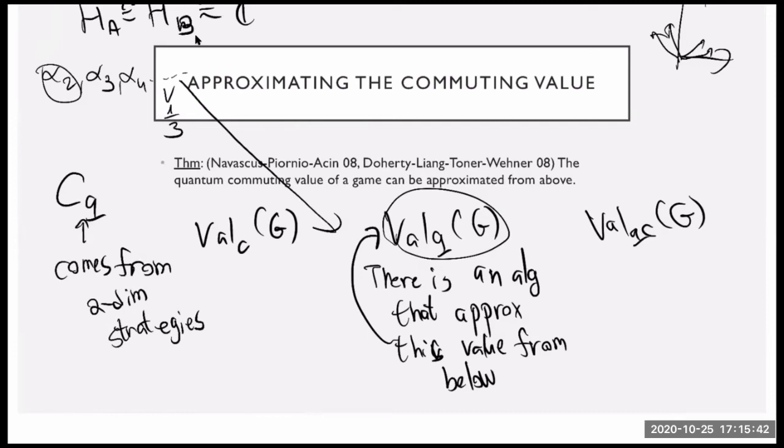This proves that MIP star is in RE. So if the algorithm halts, it will just halt at some point and you will say, yes, this is a yes instance. But if it never crosses 1/3, we will never know it.